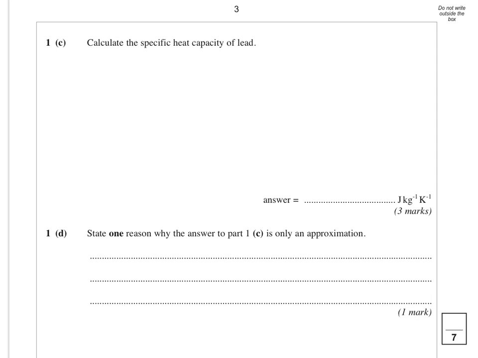Calculate the specific heat capacity of lead. So essentially we need to be doing conservation of energy. So the energy from the changing state plus the energy from the lead cooling must be equal to the heat absorbed by the iron.